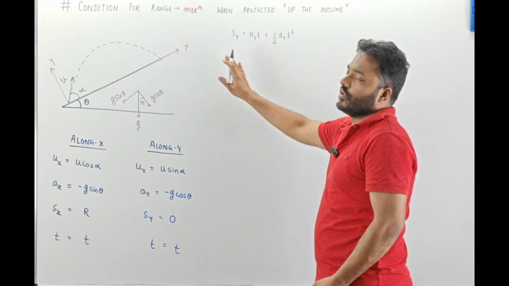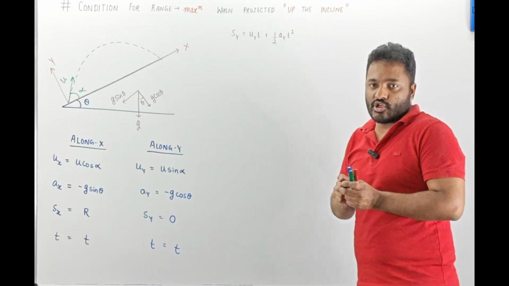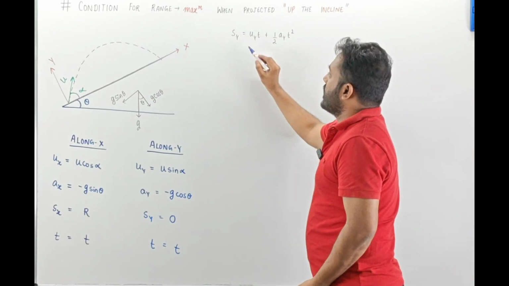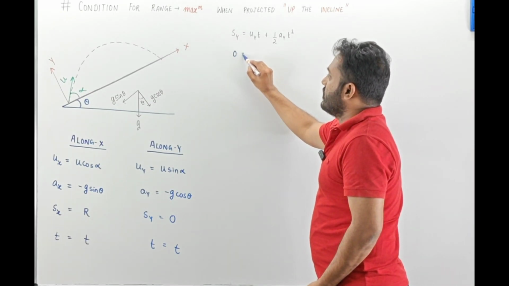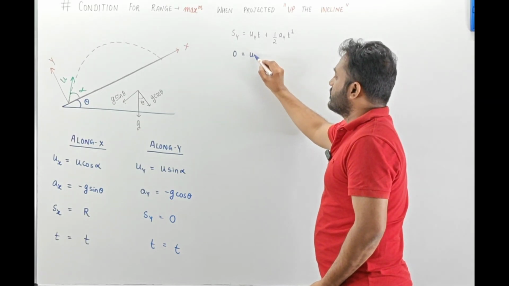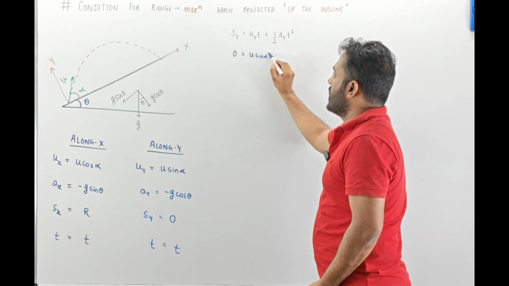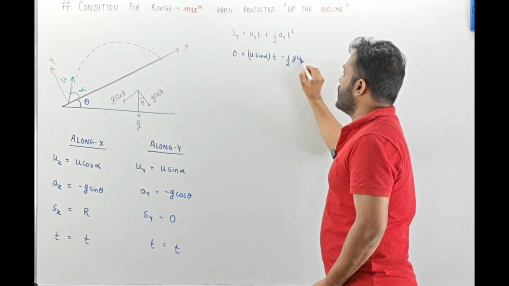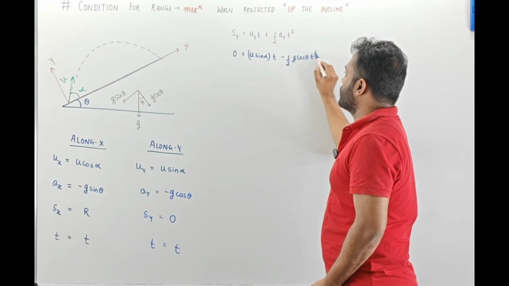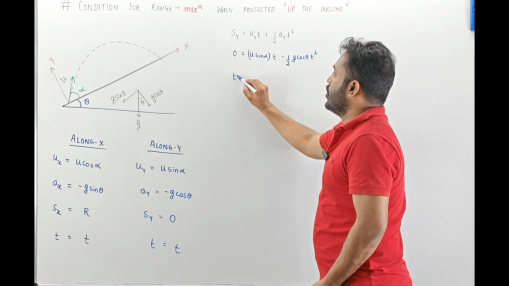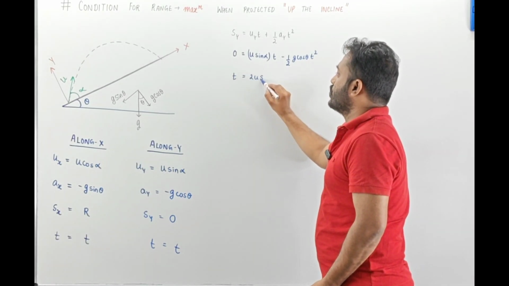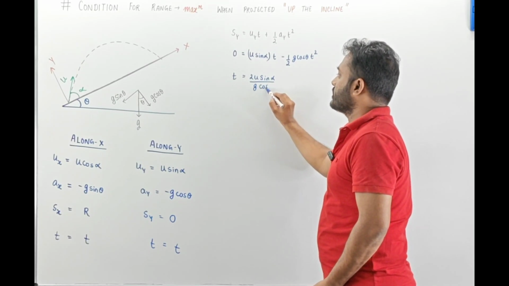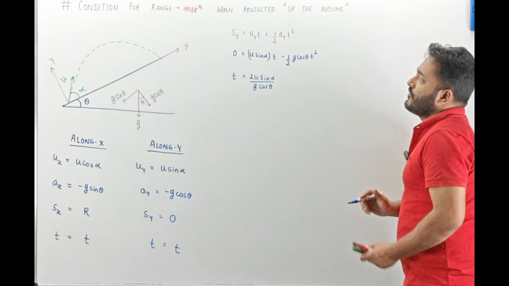Since acceleration is constant along y-axis, this equation is applicable, and as we solve along y-axis, we get 0 equals u sine alpha t minus half g cos theta t square, and from here we obtain t equals 2u sine alpha by g cos theta. So this is the formula for time.